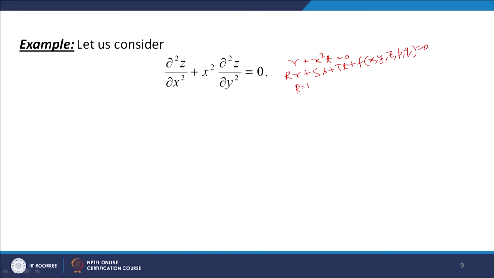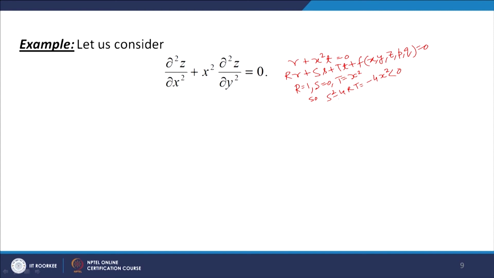R is equal to 1, s is equal to 0 and t equal to x square. So, s square minus 4 RT, s is 0, so this is 0 minus 4 x square, which is less than 0. So, this partial differential equation belongs to the type 3 where s square minus 4 r t is less than 0.